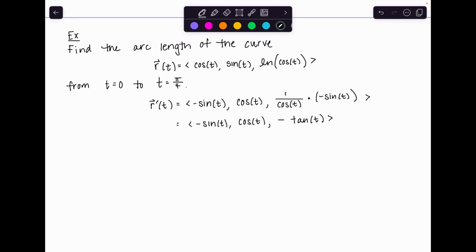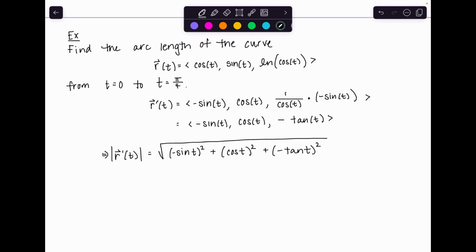Now I'm going to need to square each of these components and then take a square root. So we're going to go ahead and find the length of this vector, or that magnitude. So that would be the first component squared plus the second component squared plus the third component squared, all under a square root.